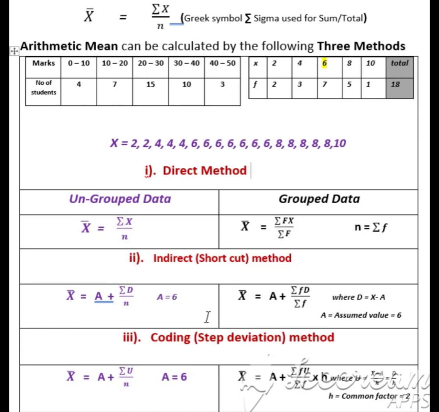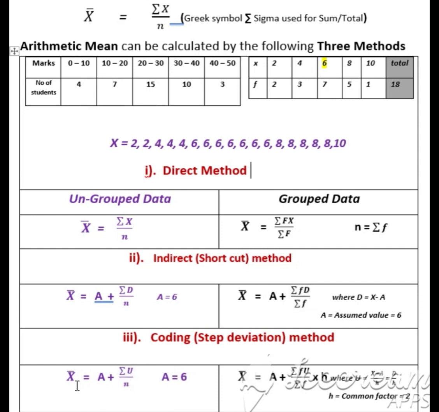Now the other difference in the formulas is that in the indirect method and in the coding method we add capital A to each formula. A plus sigma d over n. Here is also a plus, but here you add f: A plus sigma fd over sigma f.